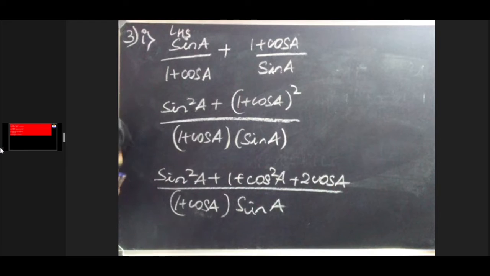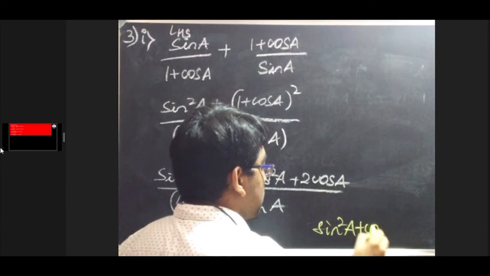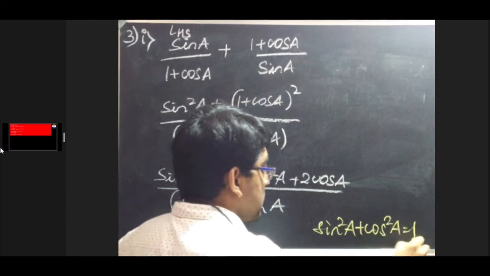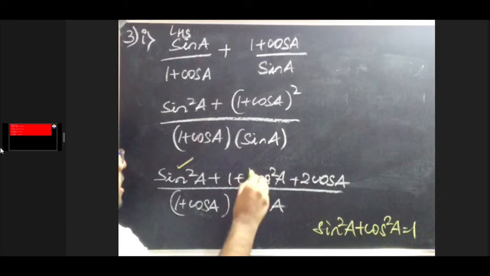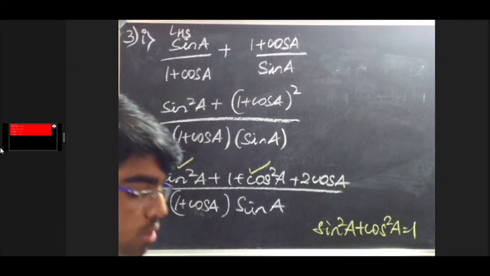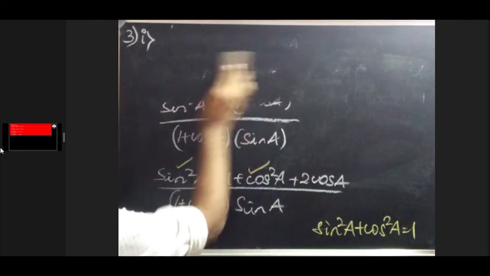We know that sin square A plus cos square A equals 1. So here there is sin square A and here there is cos square A. We will substitute 1 at those places. I'll be erasing from the top as I have told.